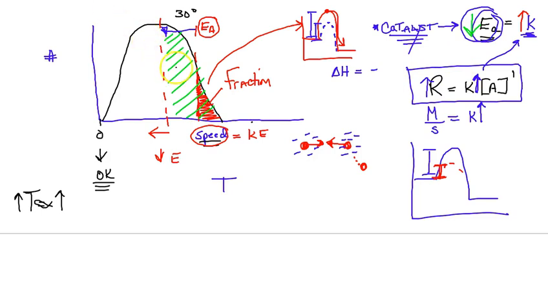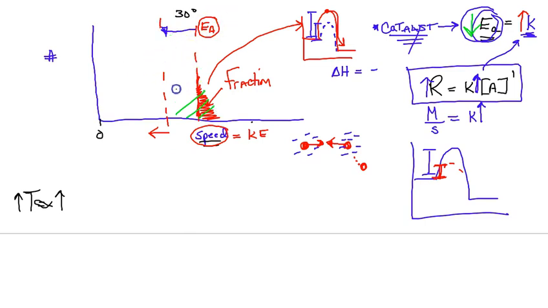Now, why? Well, let's go back here and clean up my drawing and make some room for a newer one. Let's go back to our original fraction, and let me just redraw this little hump.